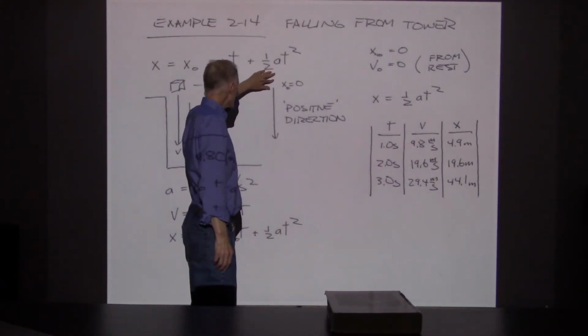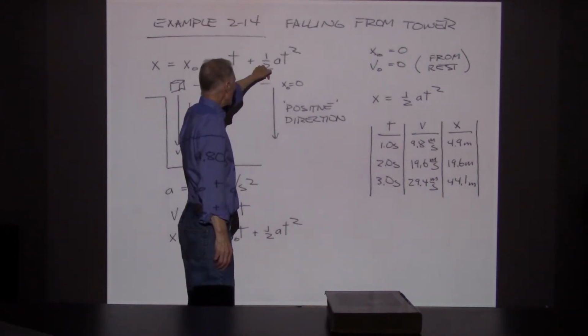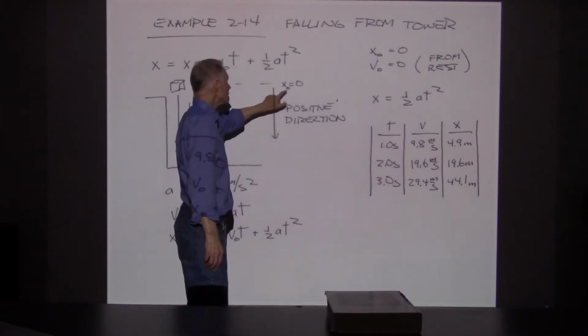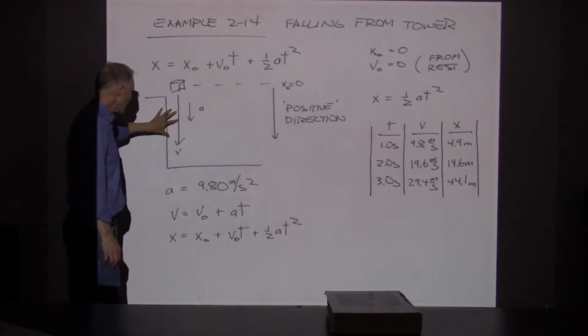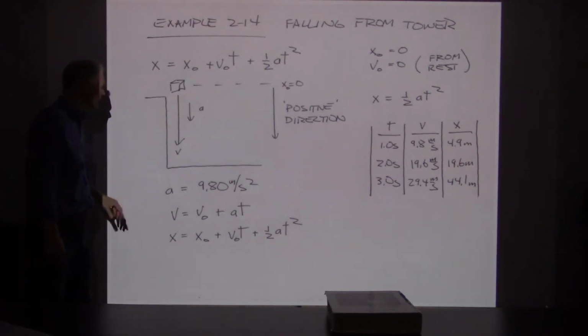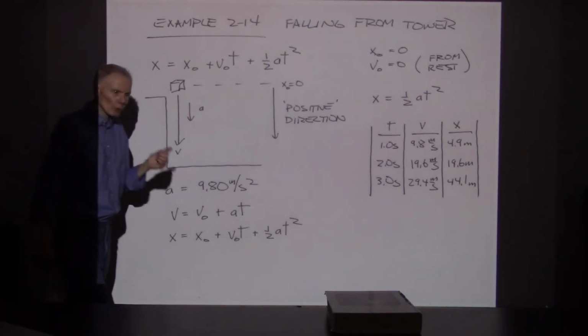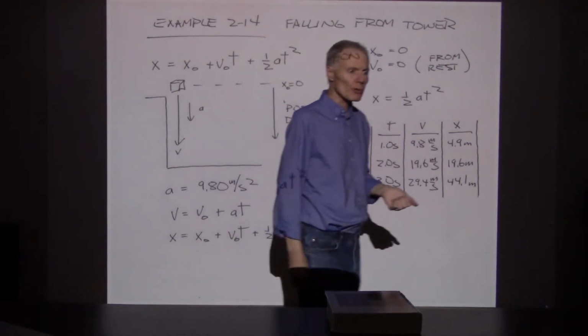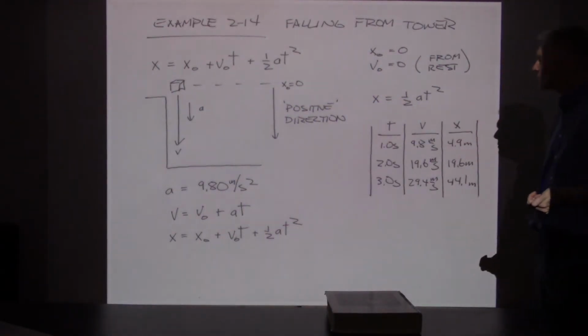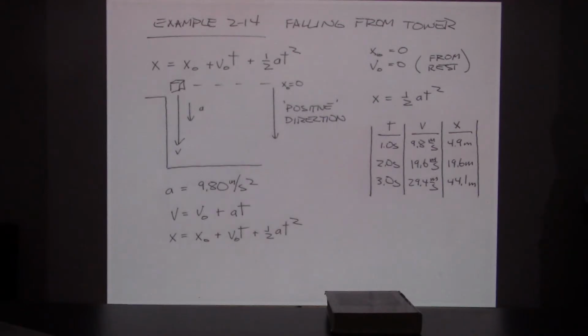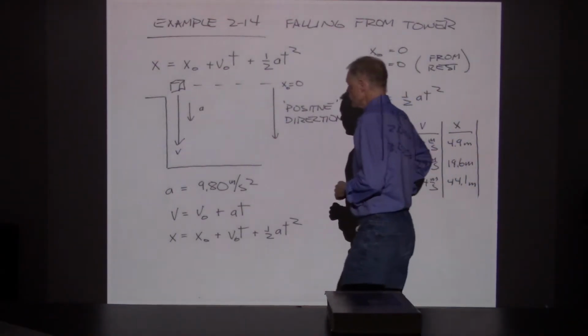This is x equals 0, and this is the positive direction, not just for x, but for velocities and accelerations. Now, the acceleration that we get from Earth's gravitational field near the surface is 9.80 meters per second squared. We can treat that as kind of like a constant if it's Earth's gravitational field near the surface. So that's a number that we'll use very, very frequently.